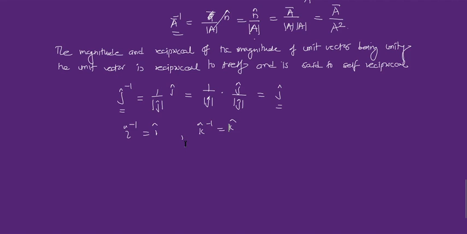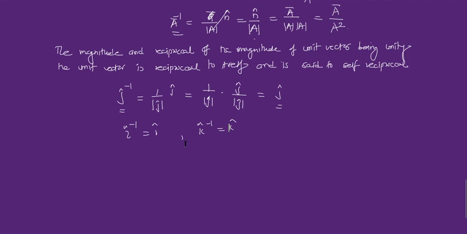Now let's go to another important property, that is rectangular components of a vector. Again, remember, all this is just revision. We are not learning anything new.